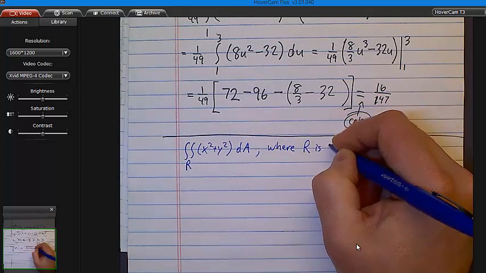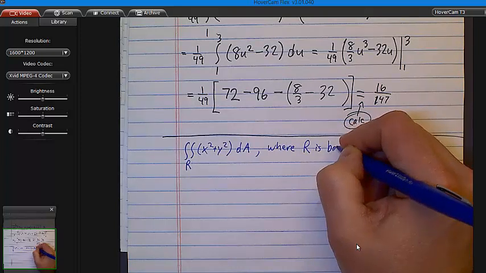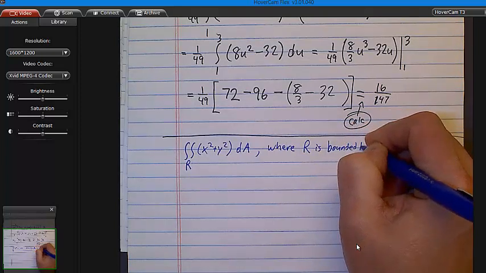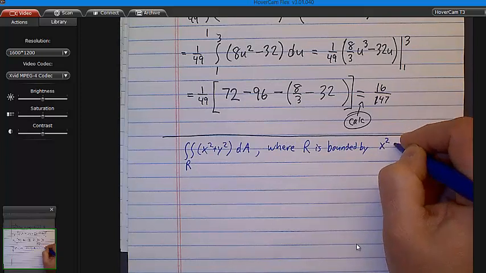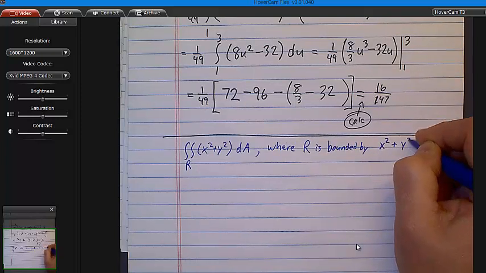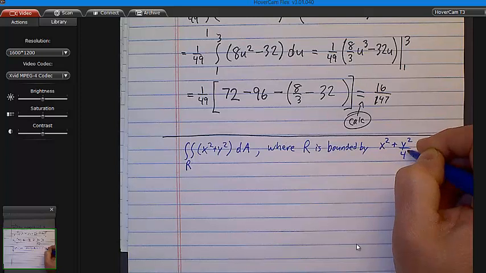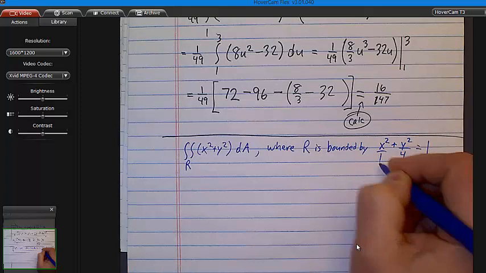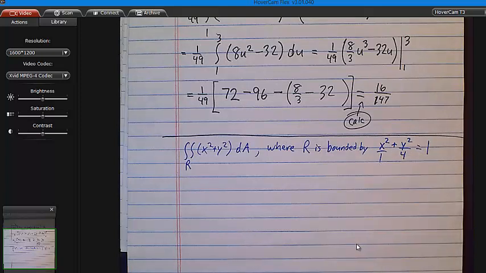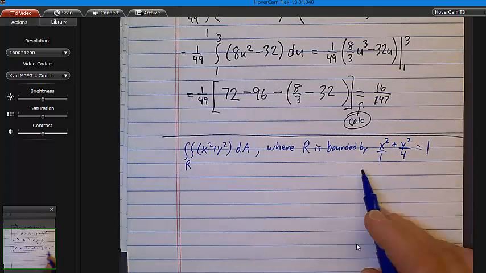R is the region bounded by, let me write it this way, x squared plus y squared over 4 is equal to 1. Maybe I'll write it as x squared over 1, right? But this is what shape, guys?